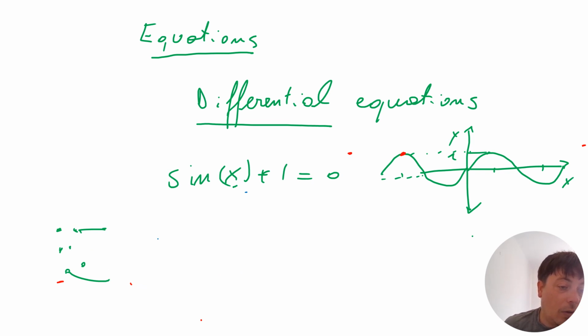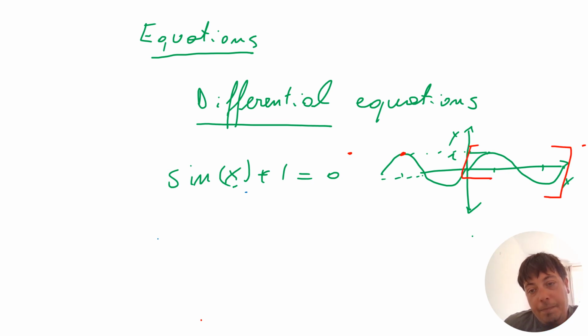You just focus on a part, let's say a period, a section of the function that we will take, for example, this part here, a period of the function, and usually it's from 0 to 2 pi in this case. So from 0 to 2 pi, you see that there is only one value that gets 1, so we can solve this, and we know what it is.